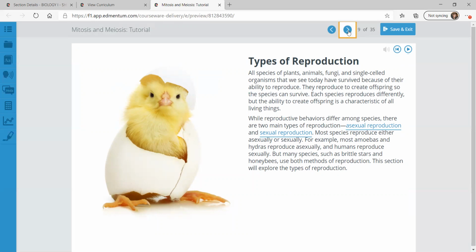Most species reproduce either asexually or sexually. For example, most amoebas and hydras reproduce asexually, and humans reproduce sexually. Many species, such as brittle stars and honeybees, use both methods of reproduction. This section will explore the types of reproduction.